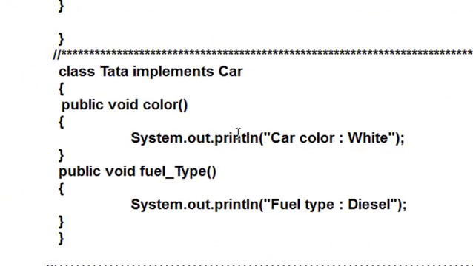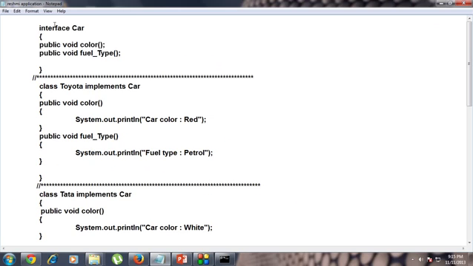Now one more time, take a closer look at this program. First, there is an interface called car. In that interface there are two abstract methods, color and fuel type. Now I declared another class called Toyota, which implements that interface. Any class which implements an interface must implement all the abstract methods present in that interface.